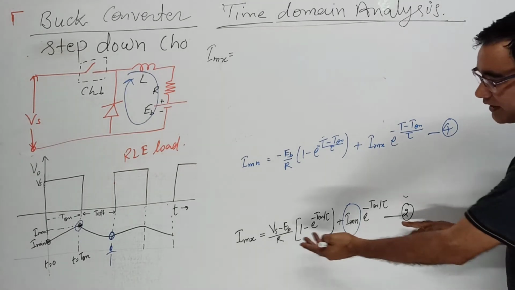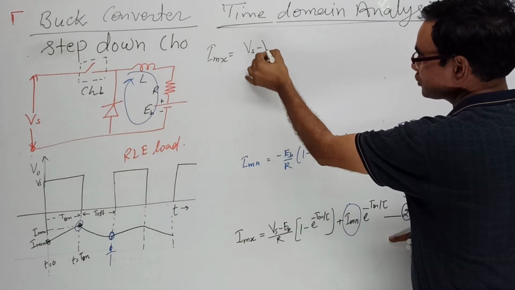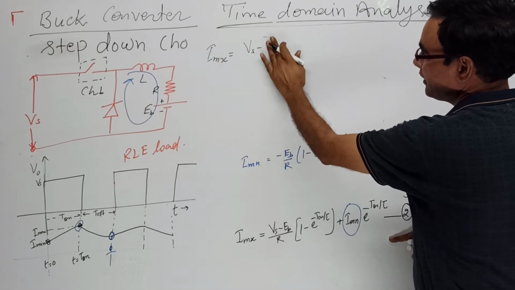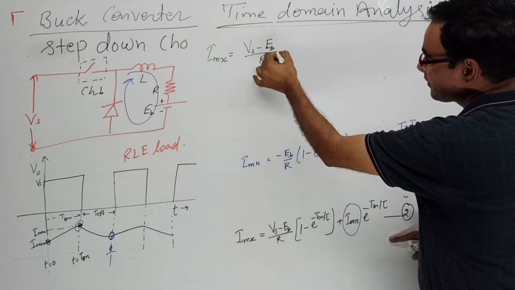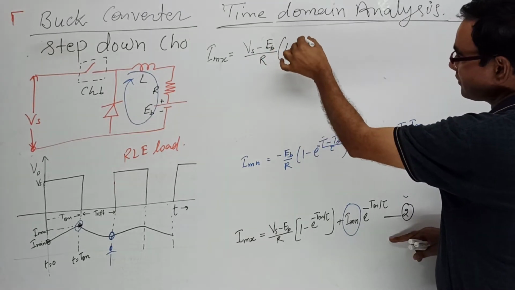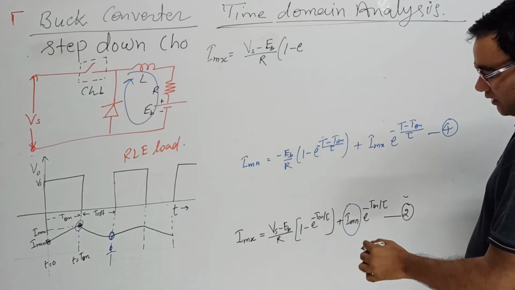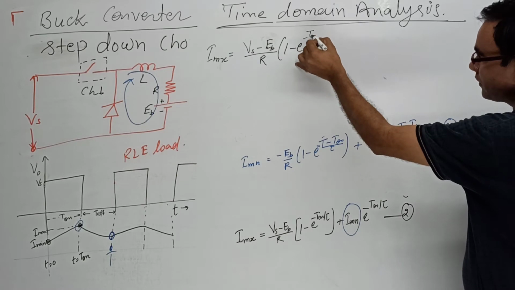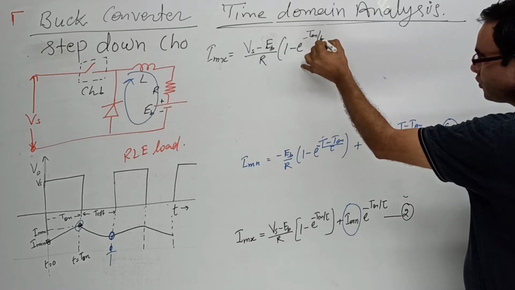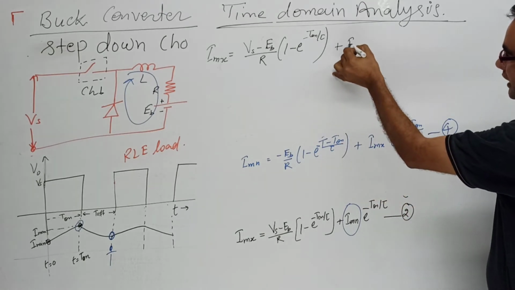So here Imx is equal to (Vs minus EB) divided by R, times (1 minus e raised to power minus T on upon tau), plus Imn.